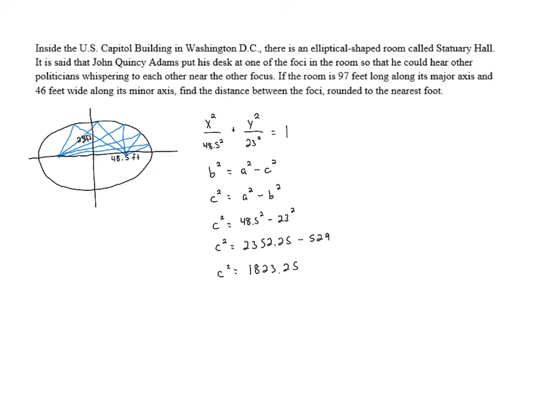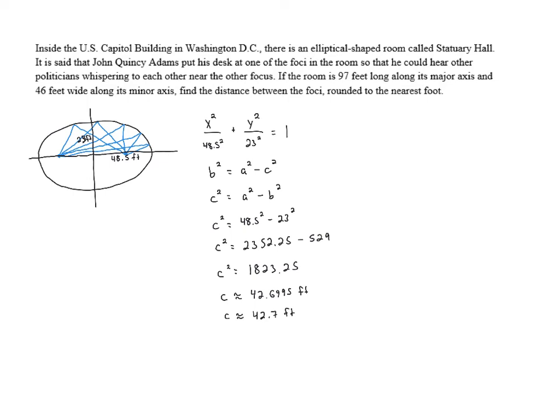And when we take the square root of this quantity, we end up getting that c is approximately equal to 42.6995 feet. Feet, of course, in this case, because we are measuring this in feet. And we can comfortably round this to 42.7 feet.